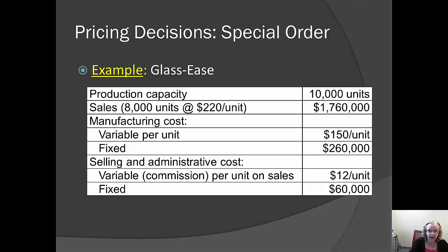We're told that they have the ability to make 10,000 units in a period, but currently they're only selling 8,000 units. We know the selling price, we know the fixed and variable manufacturing costs, and the fixed and variable selling and administrative costs.